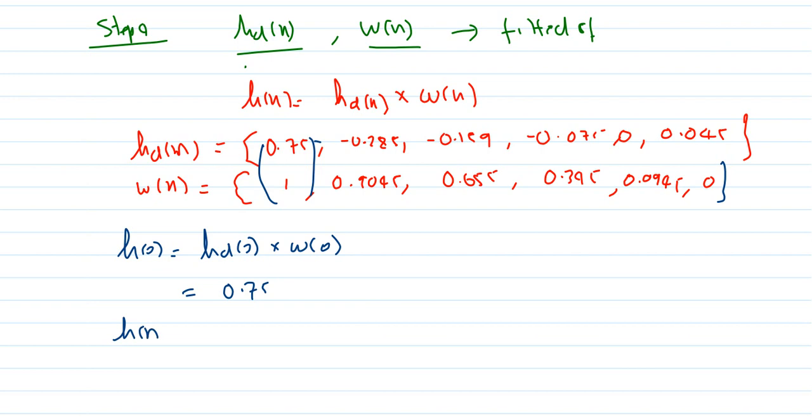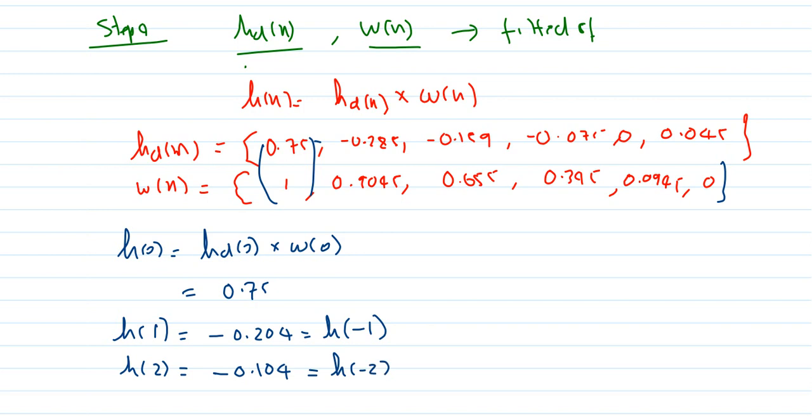Similarly, H of 1 is the product of these two, which comes to minus 0.204. Surprisingly, this is equal to H of minus 1. We are not calculating this part, it will be the same. Similarly, H of 2 is equal to minus 0.104. This will automatically equal H of minus 2 because of the symmetric nature of FIR filters.